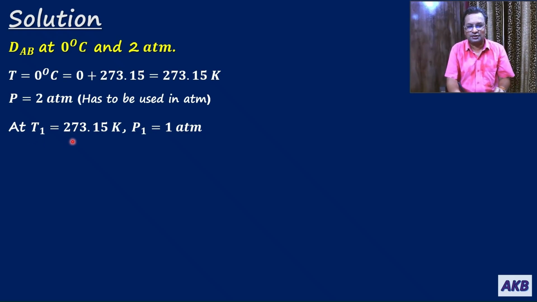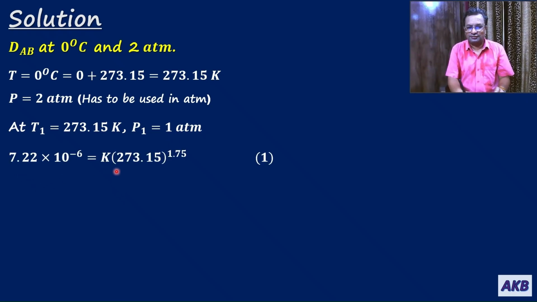So T1 is equal to 273.15 Kelvin and P1 is equal to 1 atmosphere. We have equation 1. We had got this equation 7.22 into 10 to the power minus 6 equal to k into 273.15 raised to 1.75.